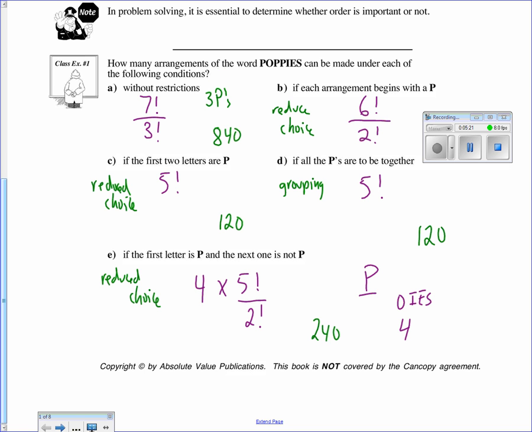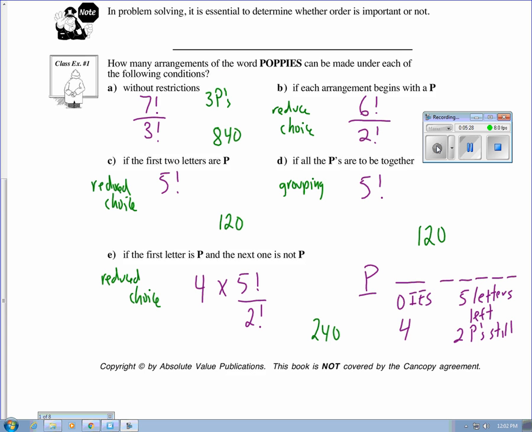And then I must have 2 P's. So I still had 2 P's, but in the second position, I must have an O, an I, an E, or an S. There's 4 different choices for that. And then I have 5 different letters left, which is 5 factorial divided by my 2 P's that are repeated.